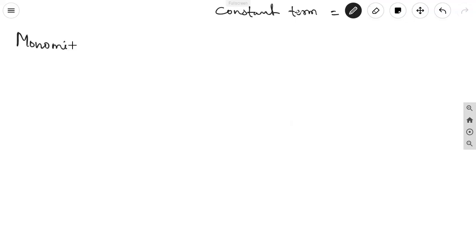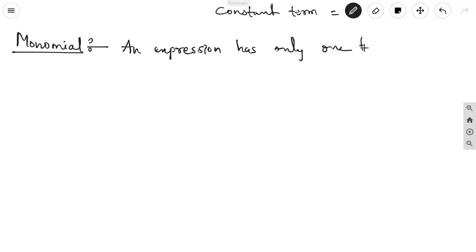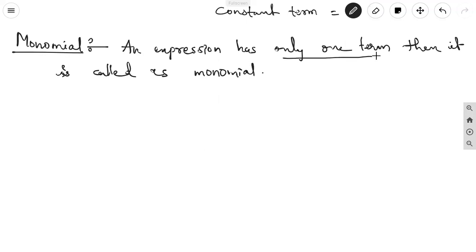Monomial. Monomial means an expression has only one term. Then it is called a monomial. Mono means one. So an expression which has only one term is called a monomial. Next, binomial. Bi means two.